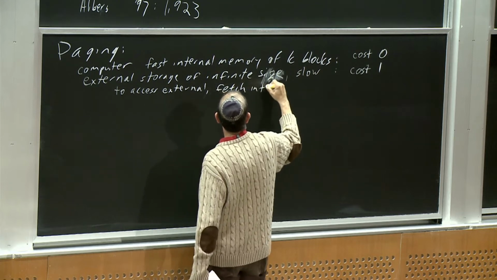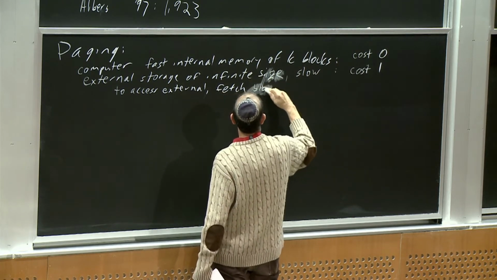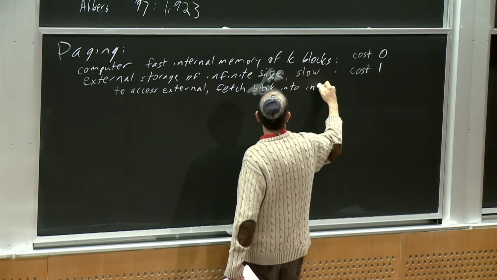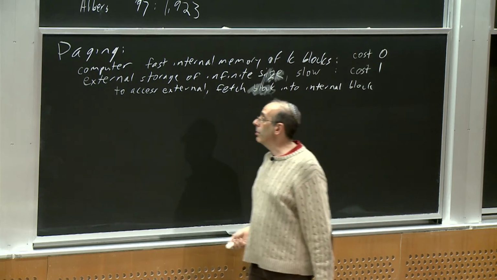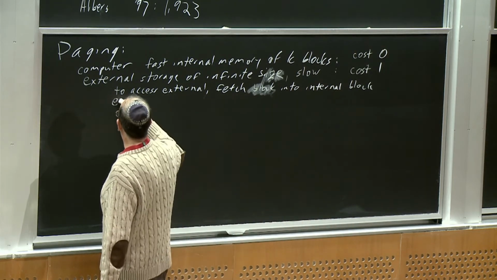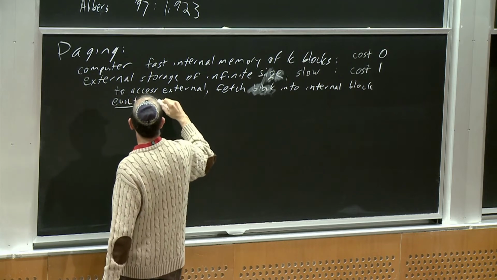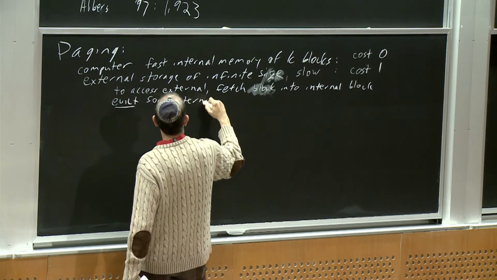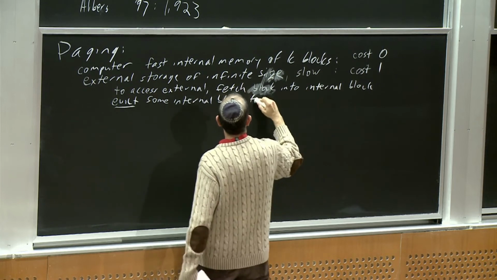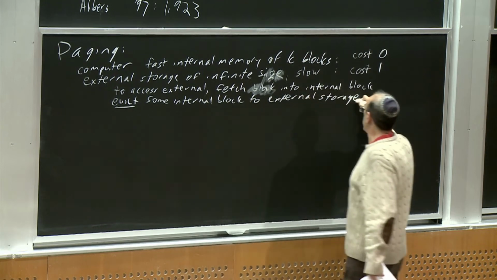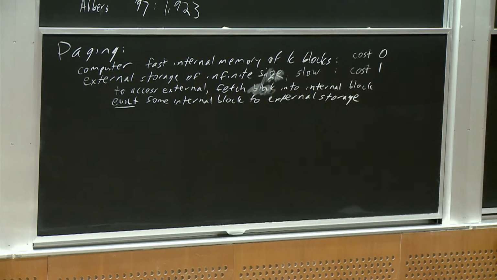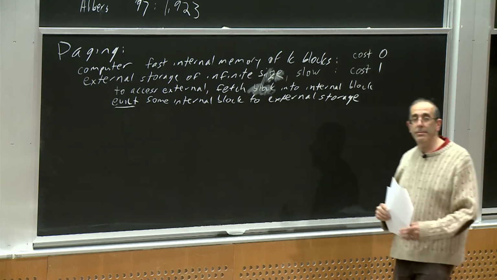So you fetch a block of the external storage into the internal memory. But the internal memory is very small, so you have to evict some internal block to external storage to make room for what you want to bring in. And so this poses an obvious question of what to evict.